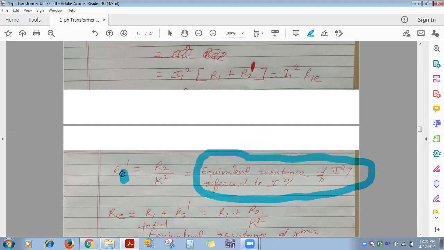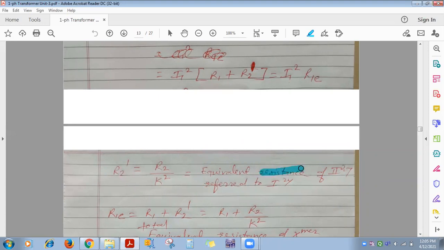See, what does R2 mean? R stands for resistance. Suffix 2 means it is of the secondary, isn't it?